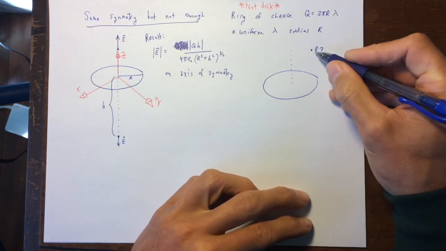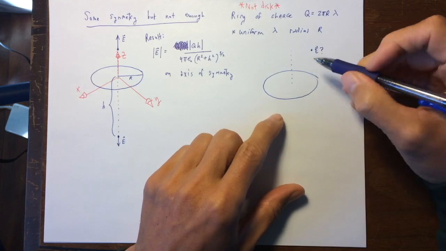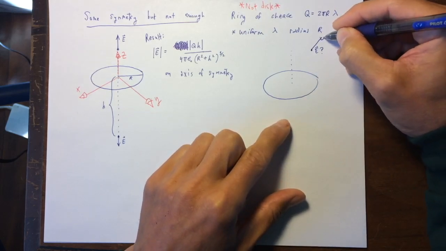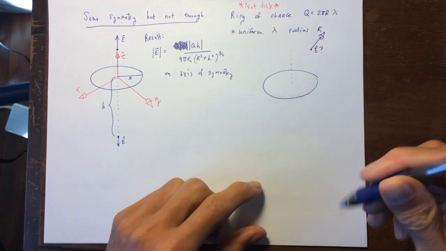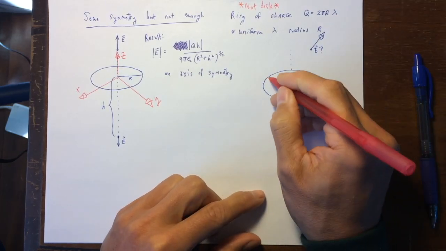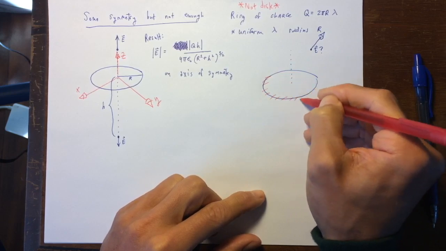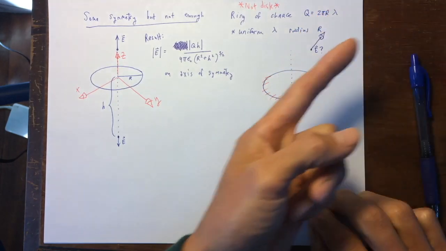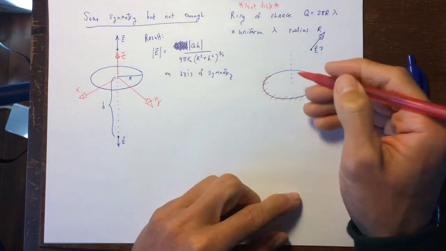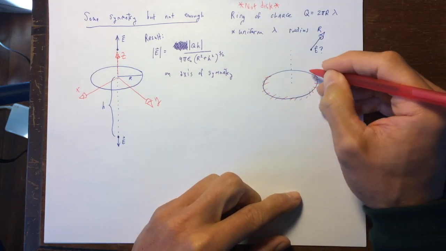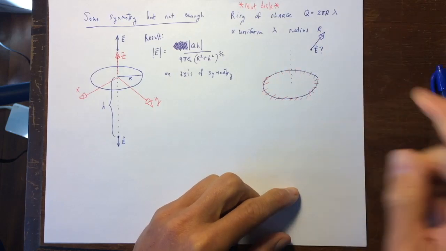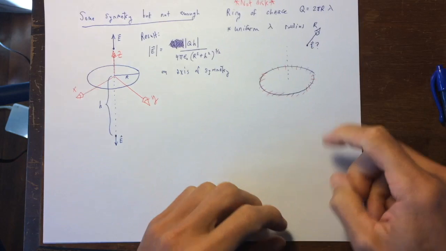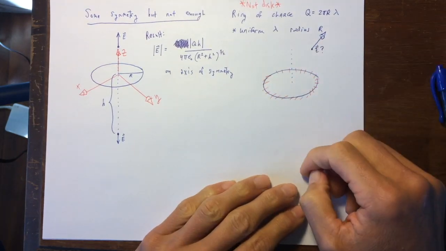So the electric field over here is going to be probably some arrow like, say, this, right? Because all of the charge on, say, this side of the ring is going to push this way on a test charge, and all of the charge on this remaining side of the ring is going to somewhat push upwards. And so that way and upwards is this arrow over here.